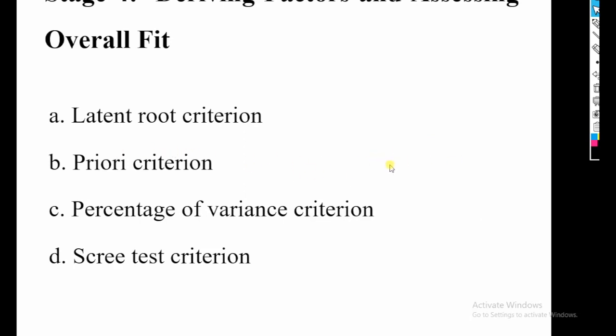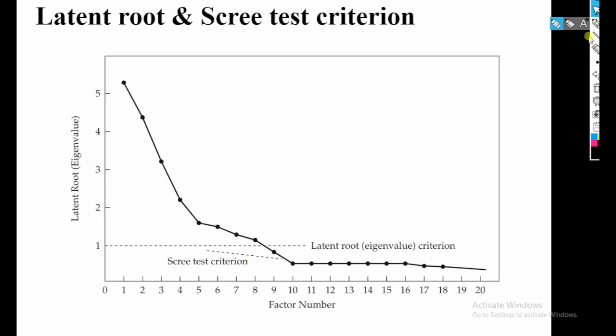Now, deriving factors and assessing overall fit. There are 4 criteria to select how many factors we should take in factor analysis: the latent root criteria, the a priori criteria, the percentage of variance criteria, and the Scree test criteria. First are the latent root and Scree test, basically the Scree plot. On the vertical axis you can see the latent root or eigenvalue.